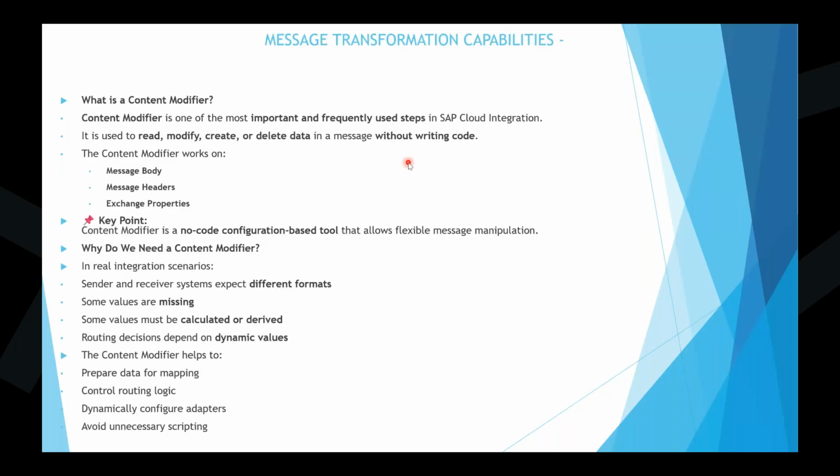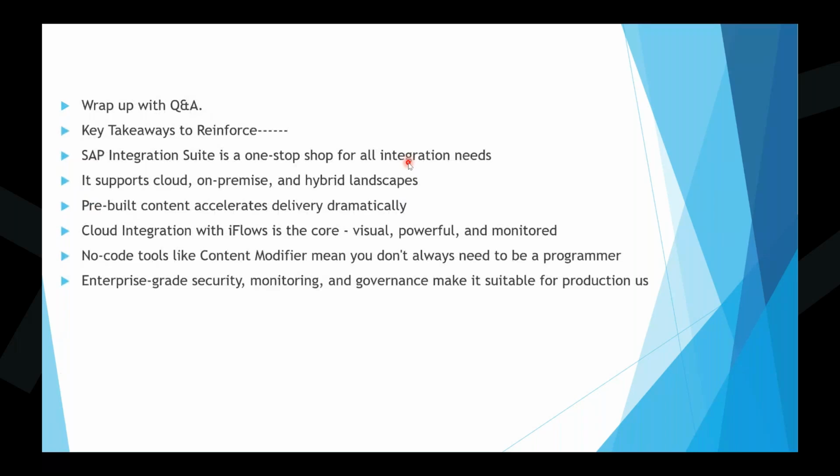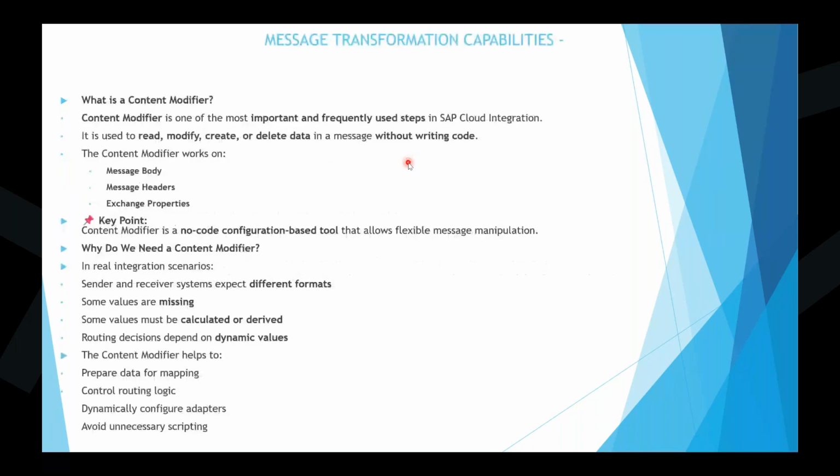Okay, so now you understood how the data is moving from one system, what iFlows are, what adapter types there are, and what can be done. Everything is clear? Any questions? Anyone have any questions, guys? Is it clear? Are you understanding or confused?